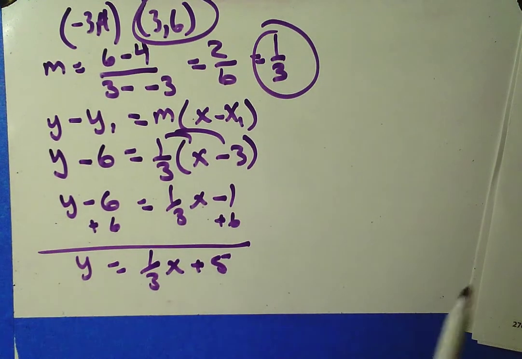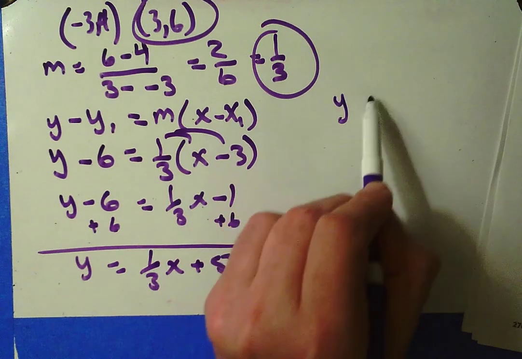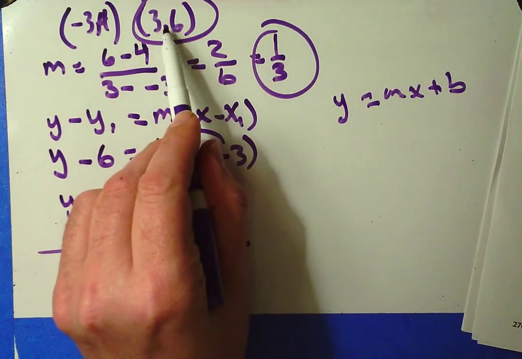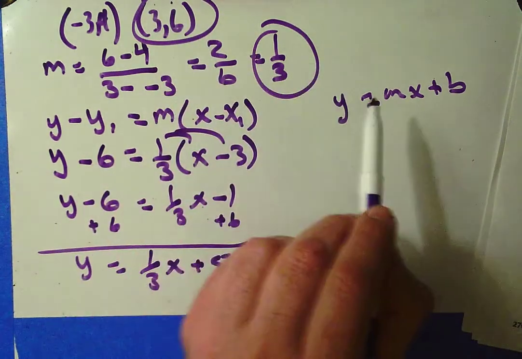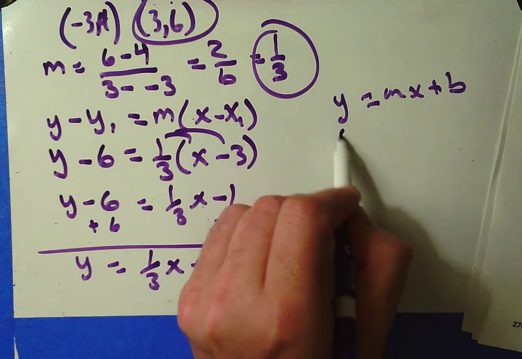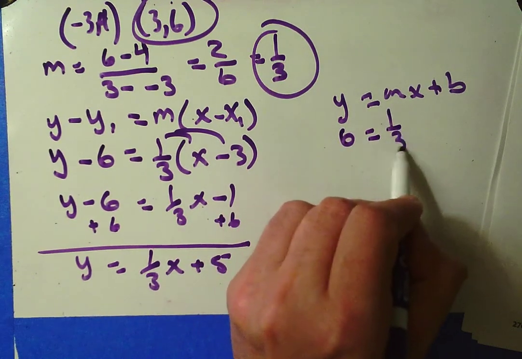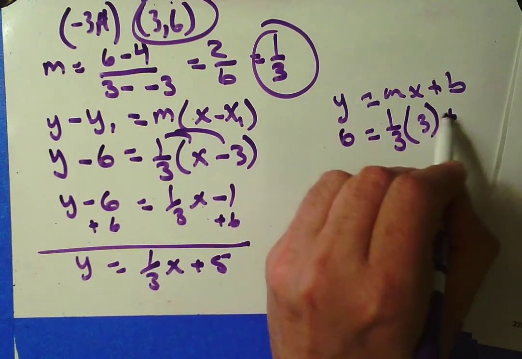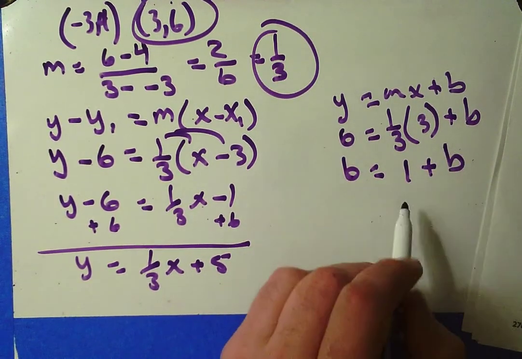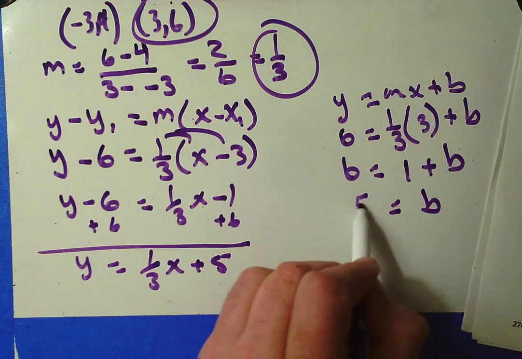Okay, now if I was doing this with slope-intercept form, y equals mx plus b, I'm going to plug that ordered pair, because that's an xy ordered pair, along with my slope, into this equation. 6 equals 1/3 times 3 plus b. 6 equals 1 plus b. b equals 5.